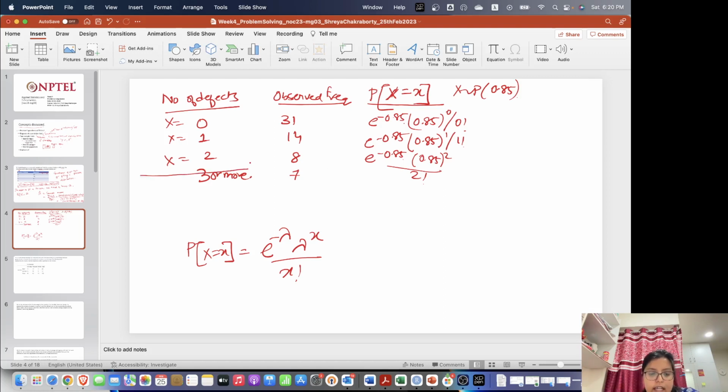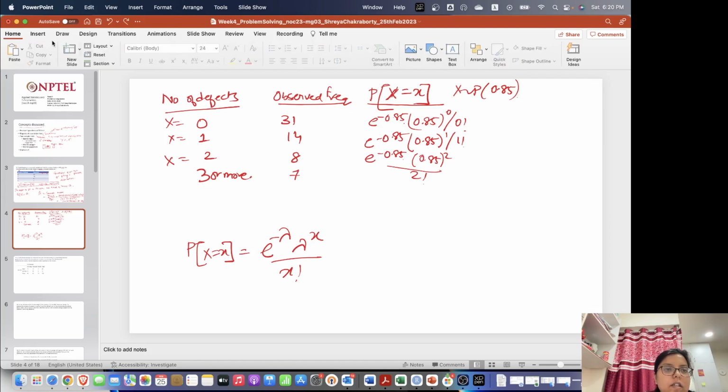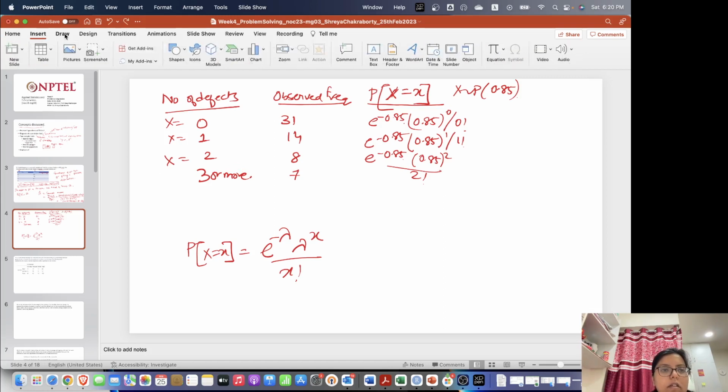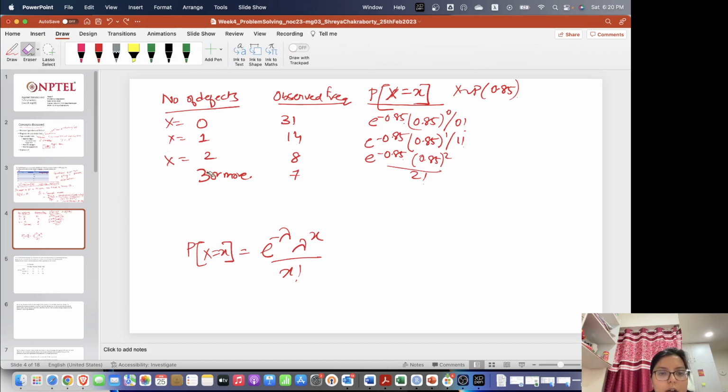And for this case, we'll find out the probability. So here, probability x equal to 3 or more, that is probability x greater than or equal to 3.